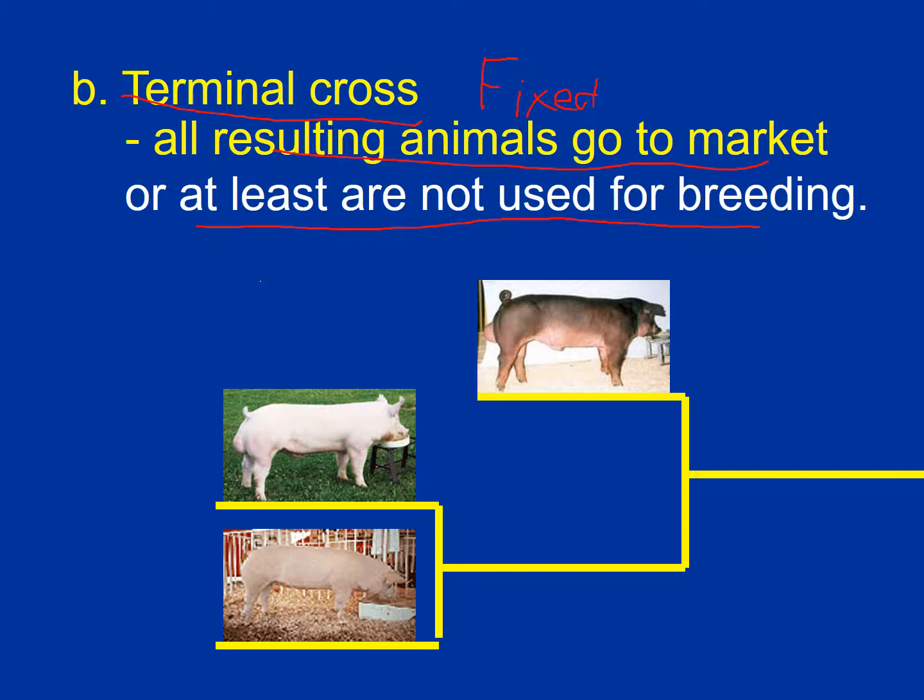So this is what the system might look like. Here we have the maternal line, and here we have what we call the terminal line, and here we're going to have the market animal.